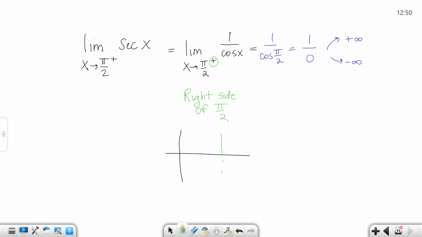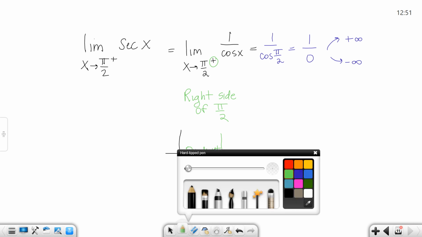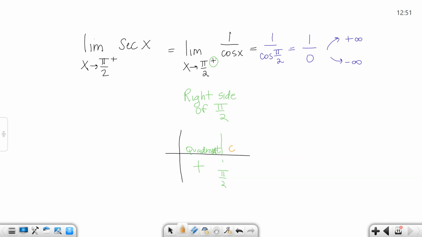Okay, so here's pi over 2 right here. This would be my quadrant 1 area, all the values from 0 to pi over 2. I know everything's positive there. And this would be my quadrant 2 area. That would be all of my values from pi over 2 to pi.